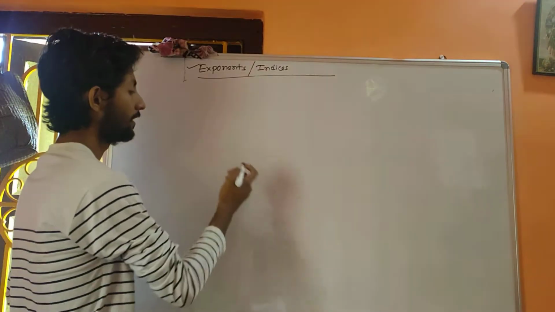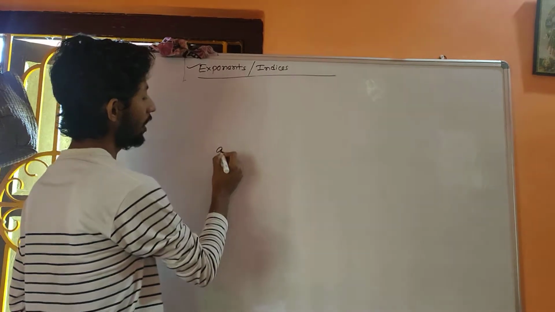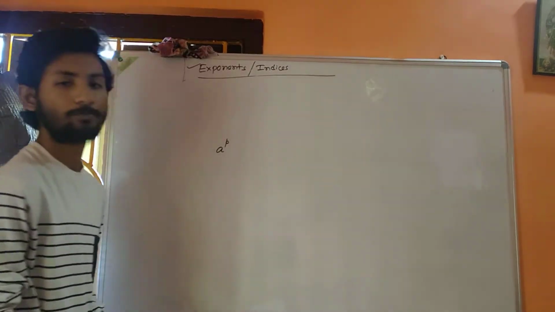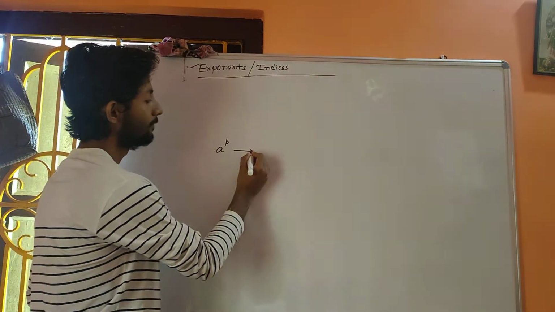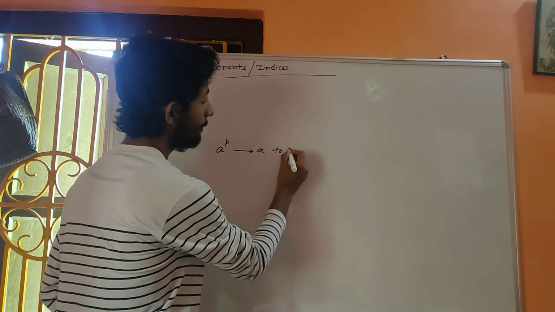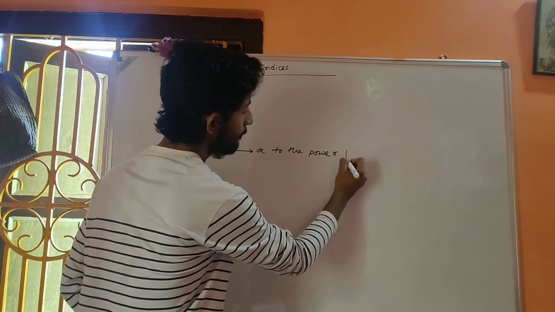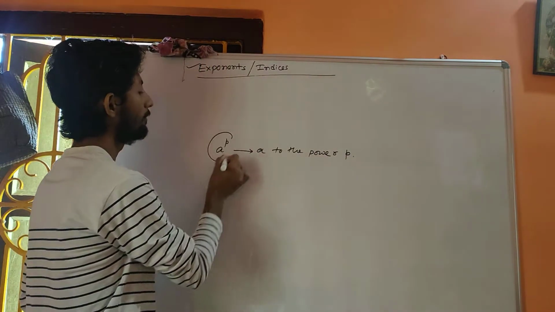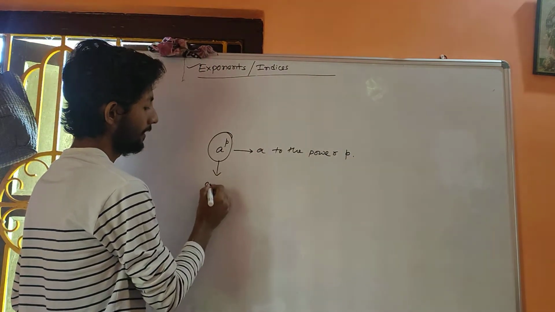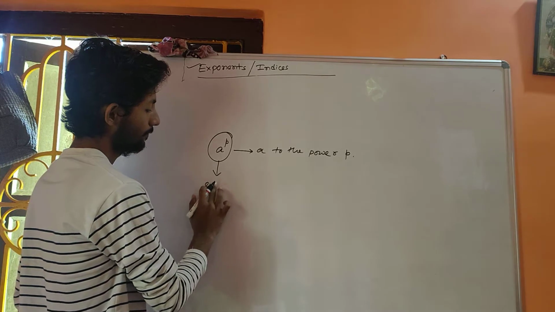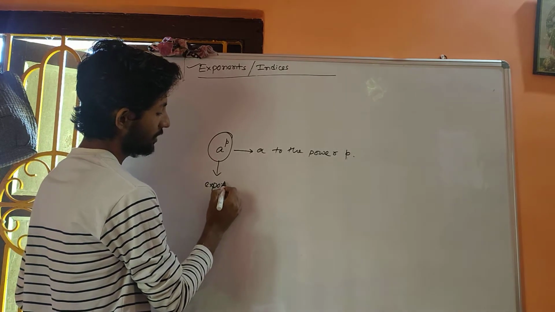So indices are of the type a to the power p. We are saying it a to the power p, and this formation is called exponential form.